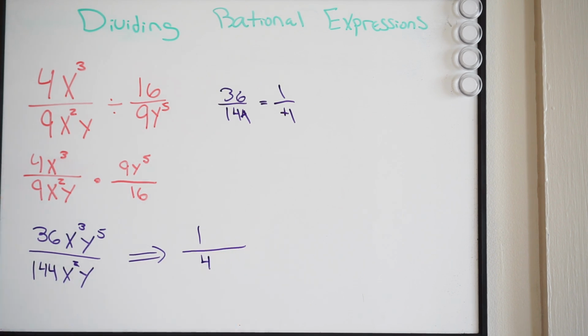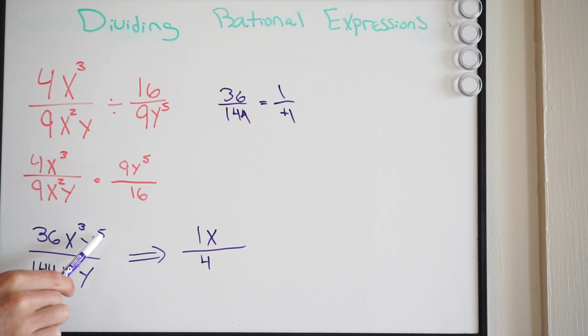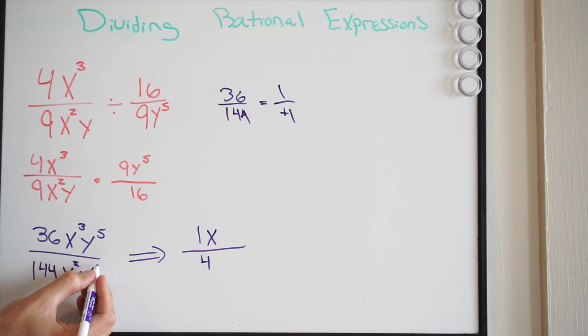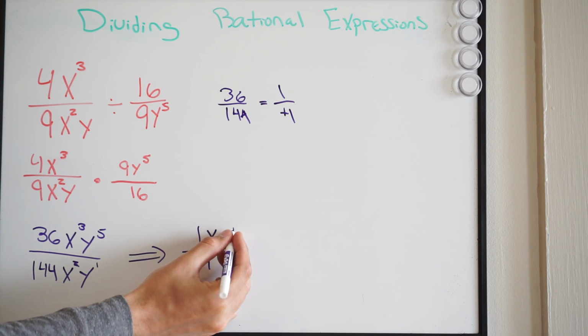Okay, now let's work our variables. So again, same base, looking at my x, and I'm doing division here, so we subtract the exponents. So 3 minus 2 here is going to be 1, x to the first power, or just x. Alright? 5, and remember there is an exponent of 1 on this y here, so if you want to write it in, you can. 5 minus 1 is going to be 4, so we have y to the 4th power.